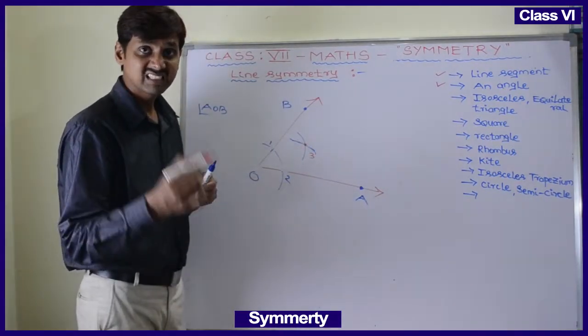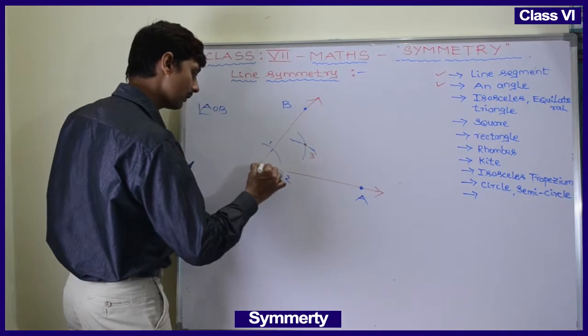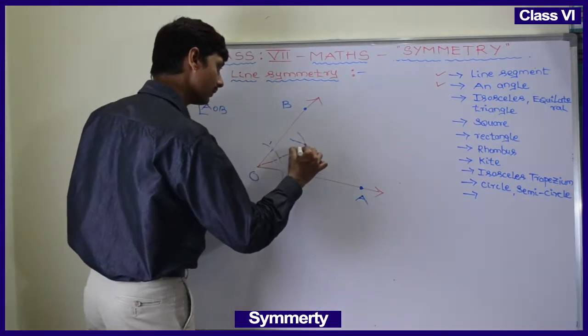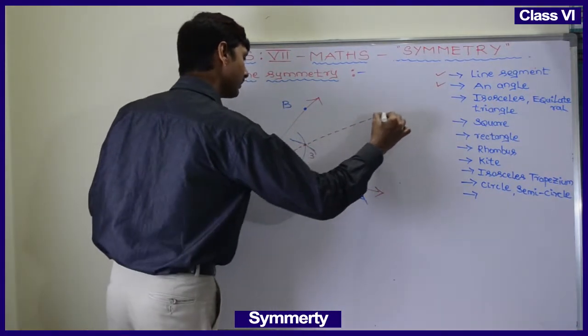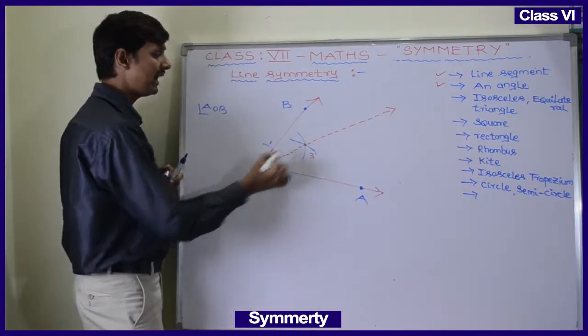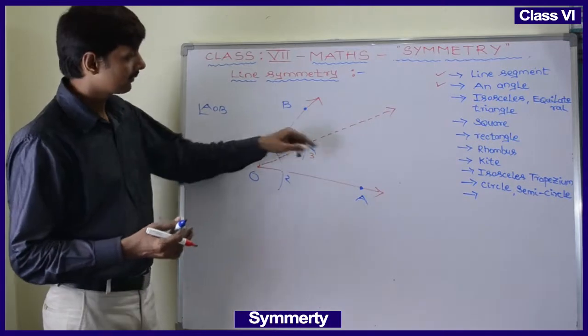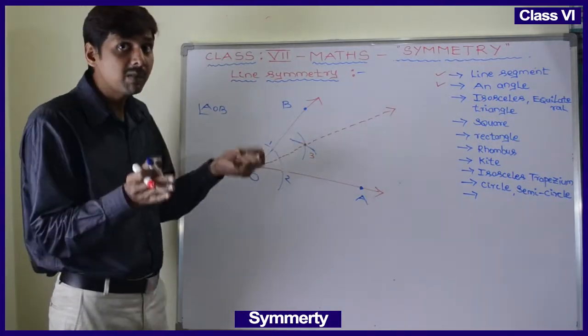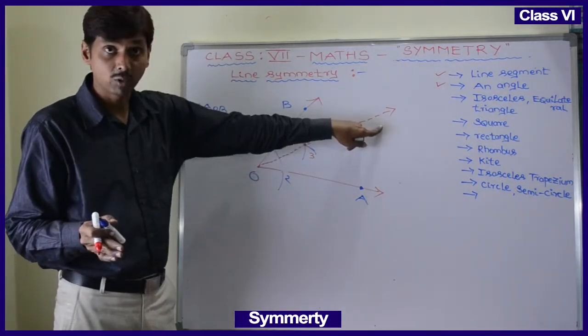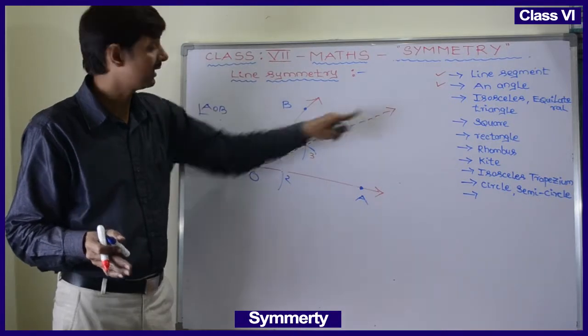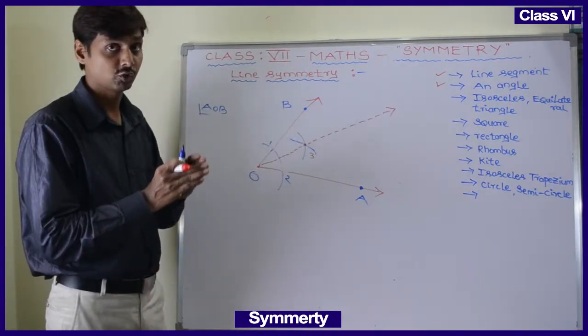Now take a scale and join the points O and 3. So this line will divide the angle into two equal parts. This line, which we have drawn with the dotted line, divides the angle into two equal parts.